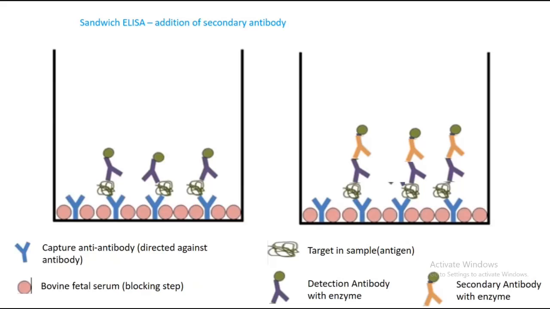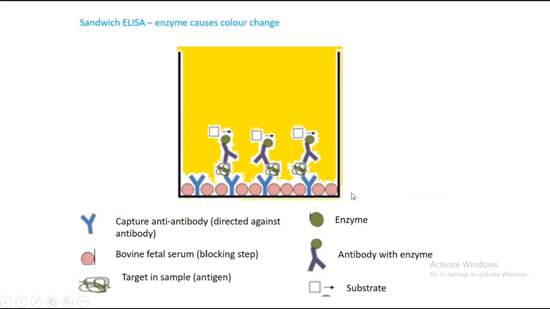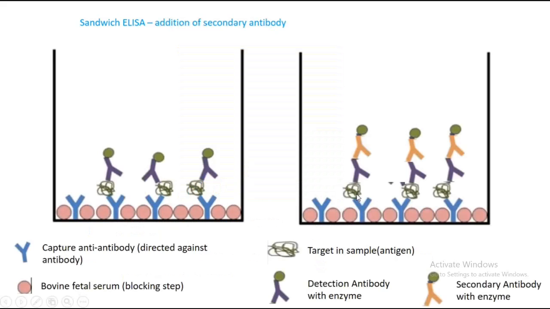Another way that a sandwich ELISA can occur is that you have all the steps of capture antibody, isolate the antigen, add a detection antibody here. So capture, detection, and then you can use a secondary antibody with the enzyme attached. So the difference between the two is that the detection antibody has the enzyme and it's a shorter assay.